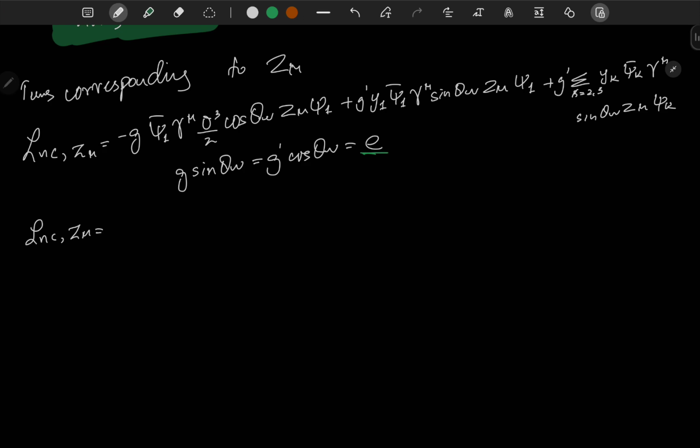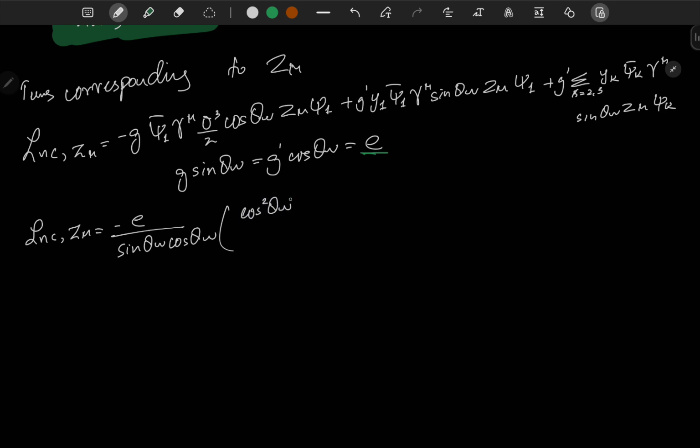I'm going to write it by summarizing sine of theta w cosine of theta w. So I'm simplifying things a little bit.